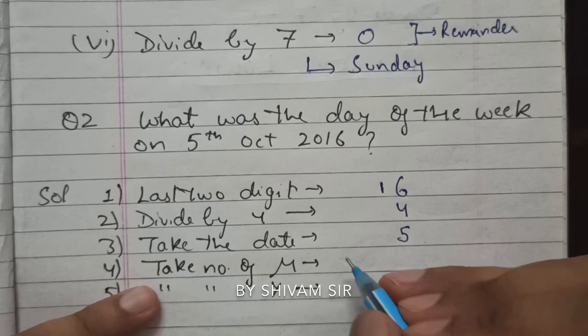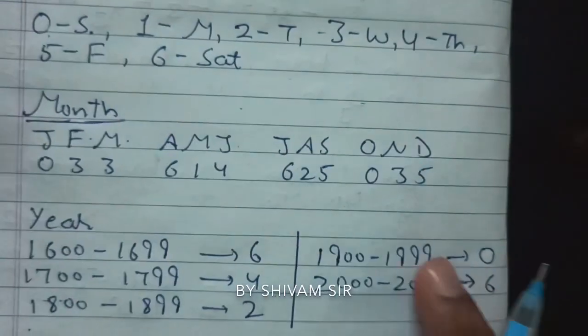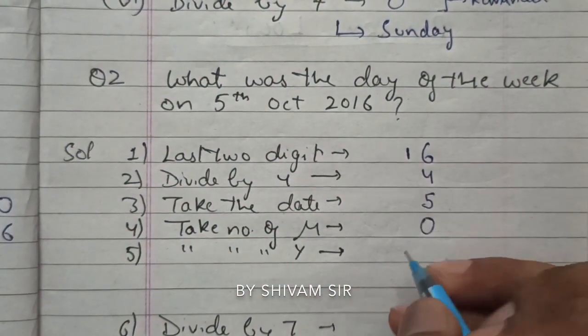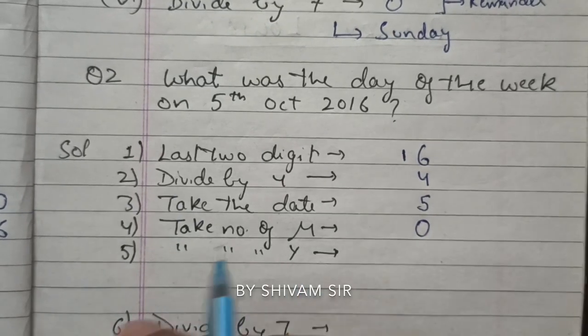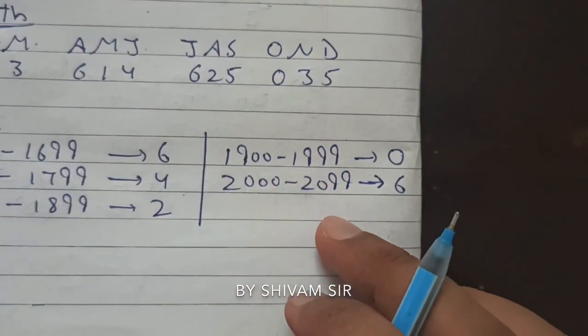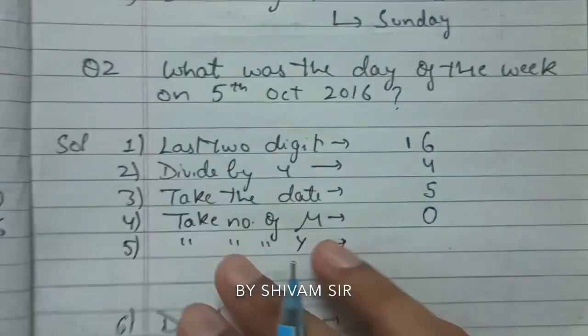Take the number of month. October we have a 0, so we'll write here 0, right? Take the number of year. The year is 2016, so it starts from 2000 to 2099, so this is 6, so write down here 6.